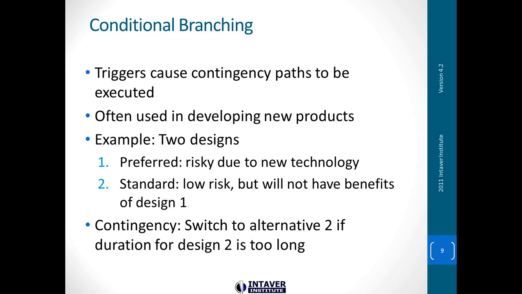When you're going down a project, you say, if we don't meet a certain deadline or a certain cost, or things are going slower, we're going to have a contingency plan in place. If we get to a certain point in the project and we haven't met where we want to be, we're going to go down and use this contingency plan to complete this project on time.